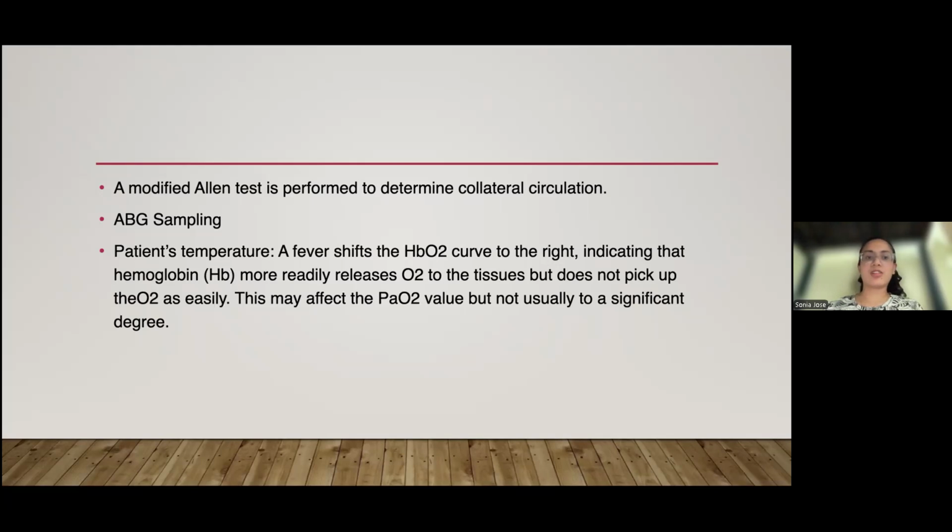So next is ABG sampling. I know you all know how we take ABGs. I think all of us have taken ABGs and do it every day in our work. So, ABG sampling via the radial artery. Can someone explain the steps?